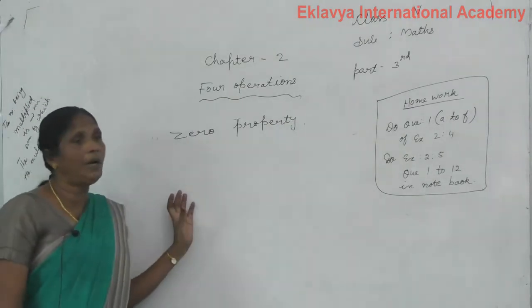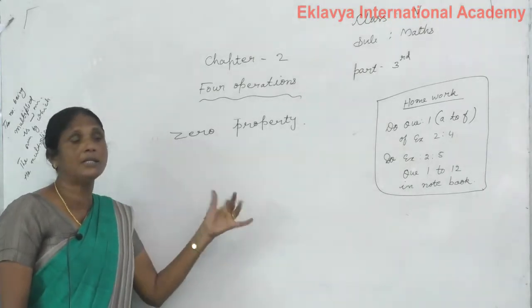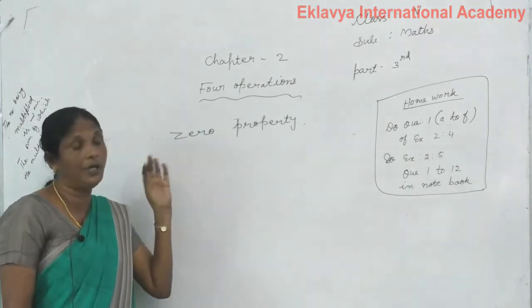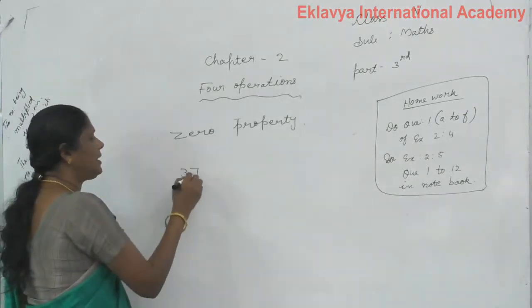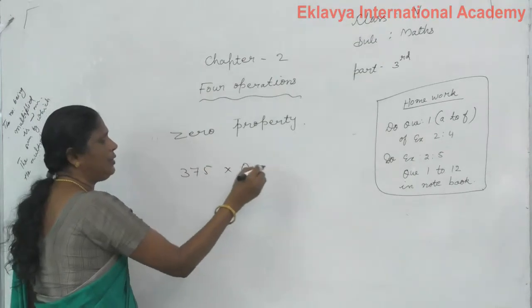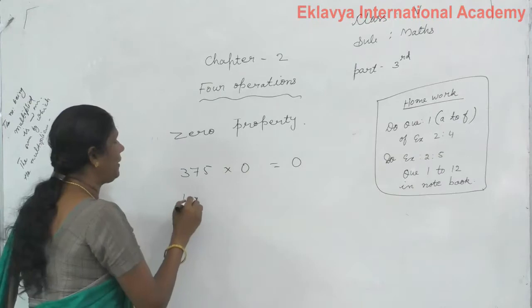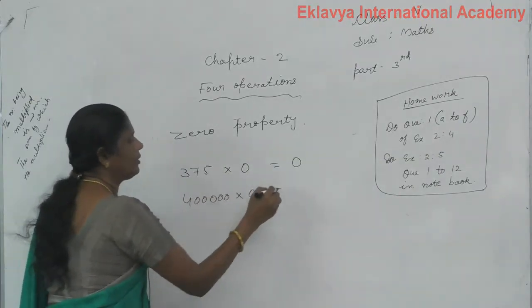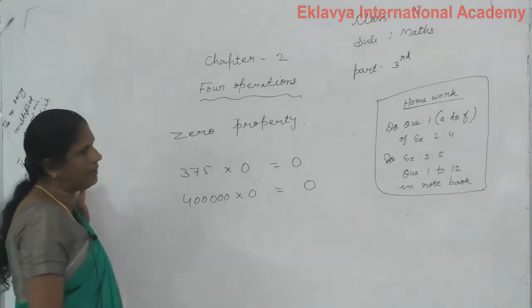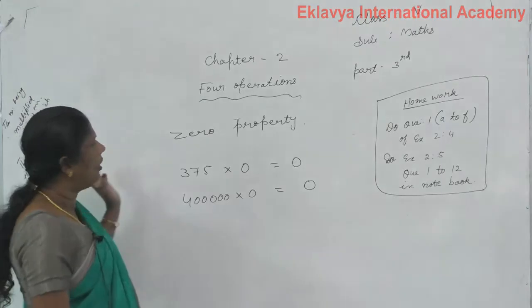We multiply any number by 0, the result is always 0. That is 375 multiply 0 is equal to 0. Then 4 lakh multiply by 0 is equal to 0. Understand zero property? Yes.